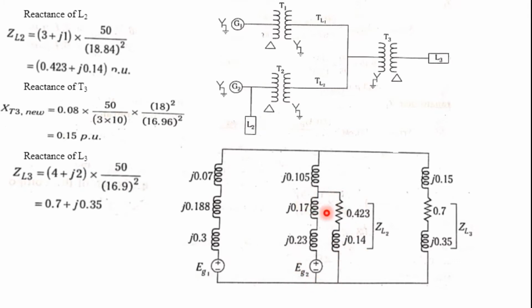Then we have transformer T3. Then the load in terms of impedance, resistance and reactance, so we have a common path. This is connected in parallel, this is connected in series. So this is very important to draw the reactance diagram. So this completes model 1.